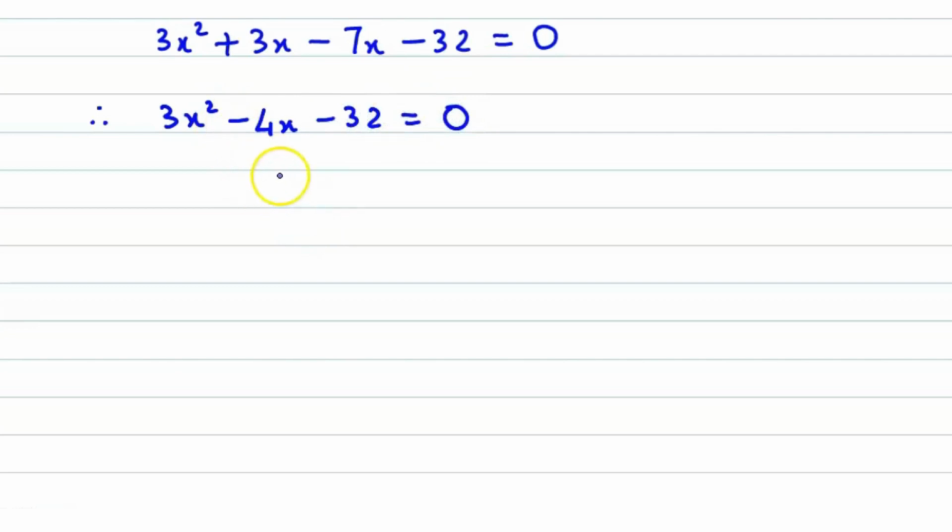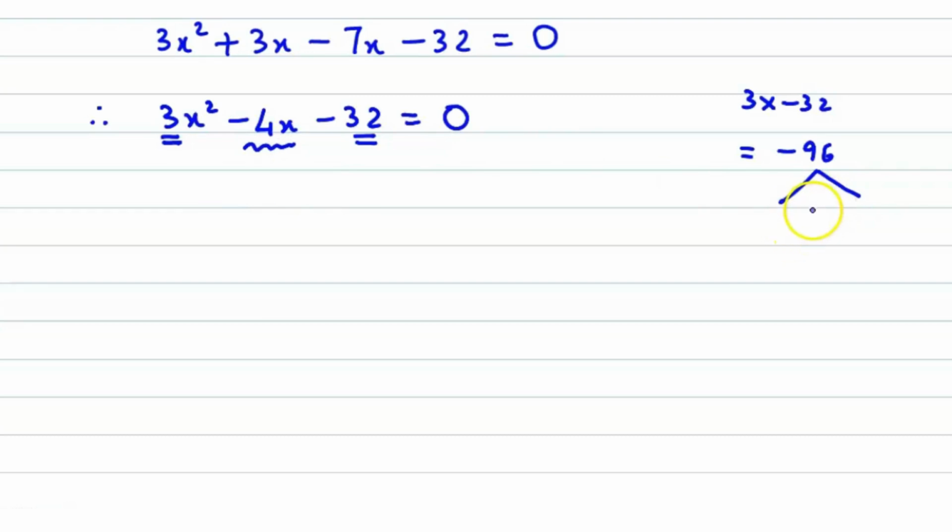And now we factorize this equation by splitting the middle term. Now 3 times minus 32 is minus 96. And we factorize minus 96 into 2 factors such that their sum is minus 4.